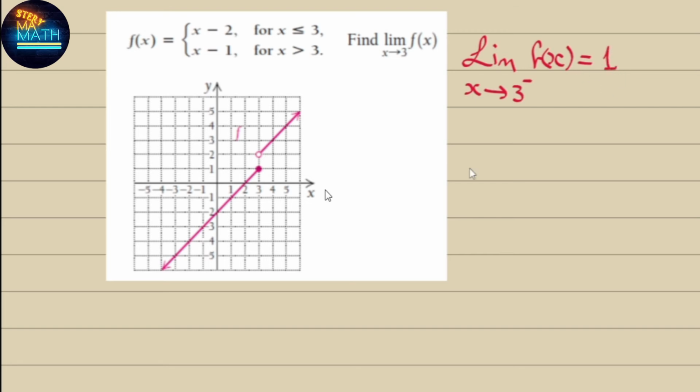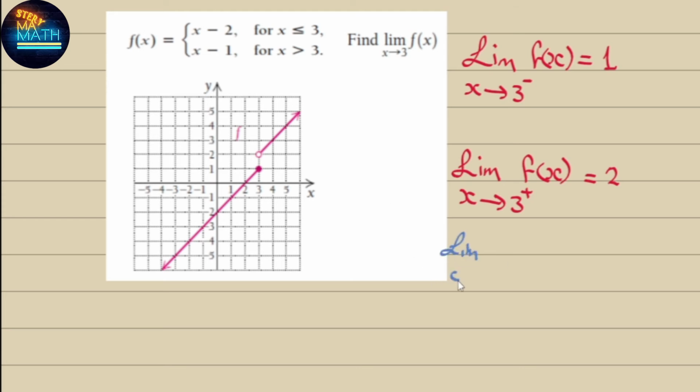And now let's try the limit from the right side. When x approaches 3 from the right, trace the function. The function is getting closer and closer to 2. Now it's open, but that will not affect the value. So the limit as x approaches 3 from the right of f(x) is equal to 2. Now the limit from the right and the limit from the left are not equal, they are not the same.